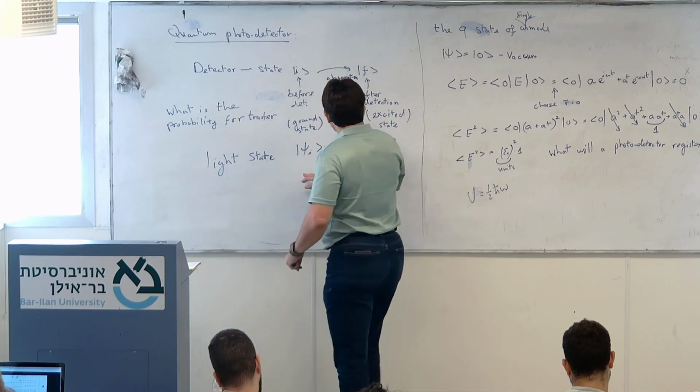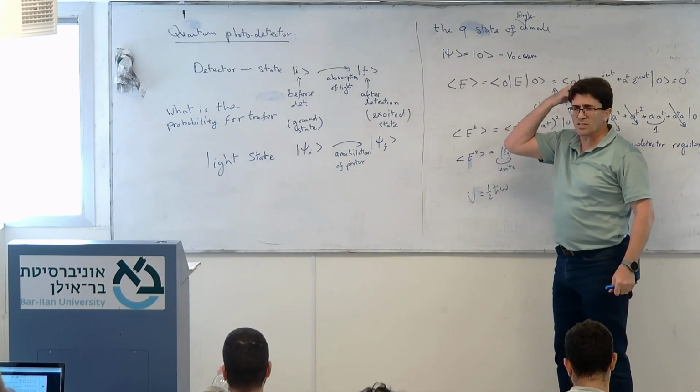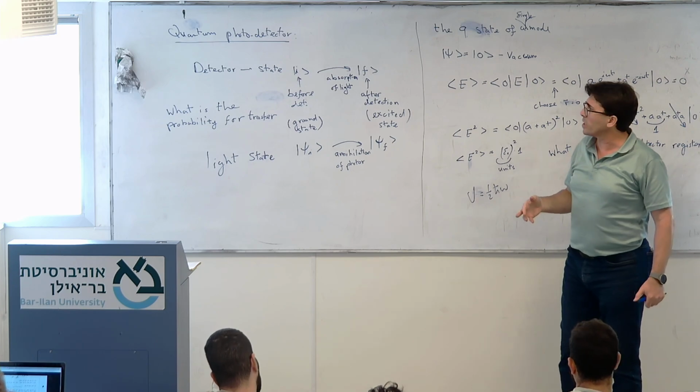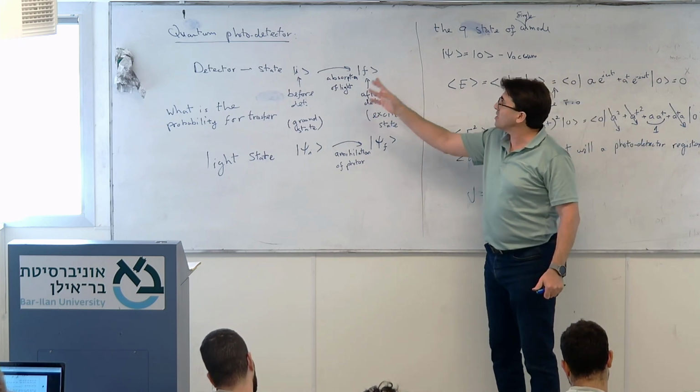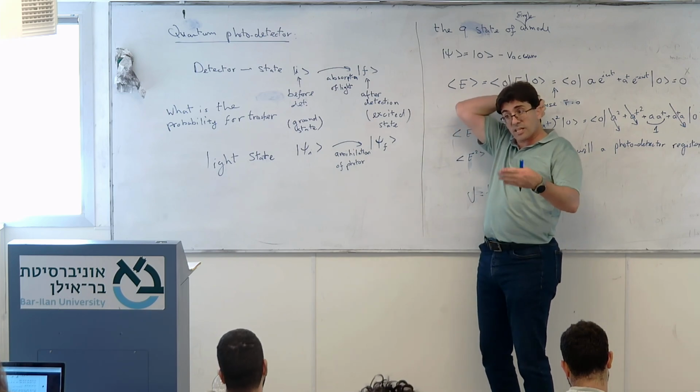Now notice, I don't really know anything about the state of the light. I don't know what it was before, I don't know what it was afterwards. All I know is that what I follow is the detector. I see that the detector changed its state.